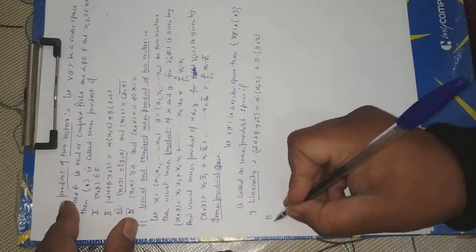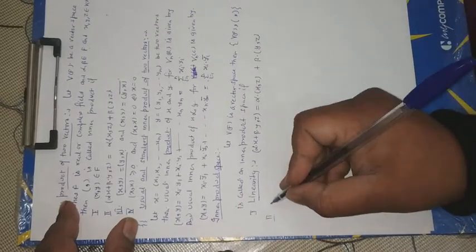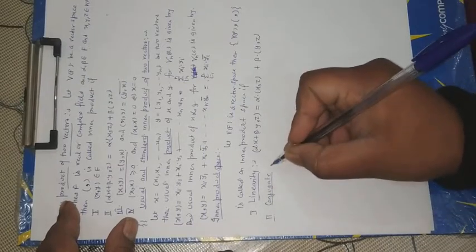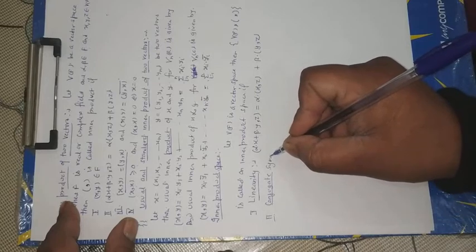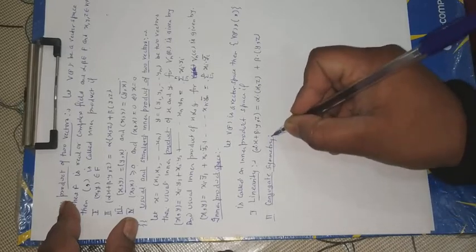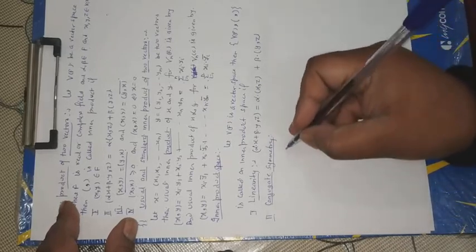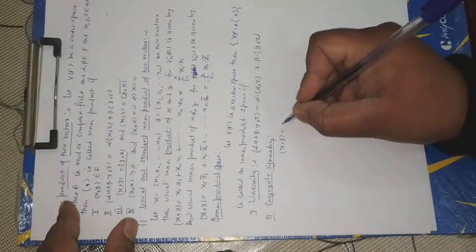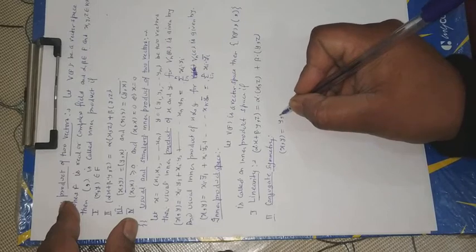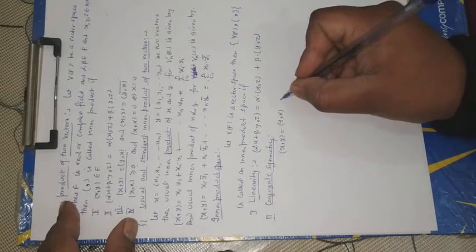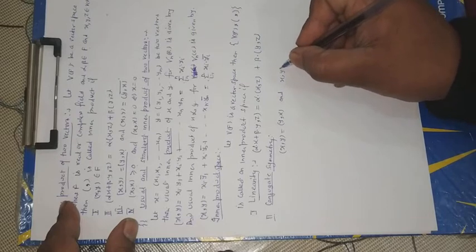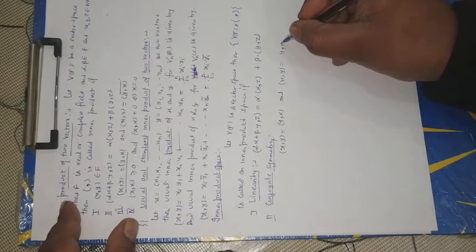Number 2, conjugate symmetry: in this case, x inner product with y is equal to y inner product with x, and in the complex case, x inner product with y is equal to y inner product with x bar.